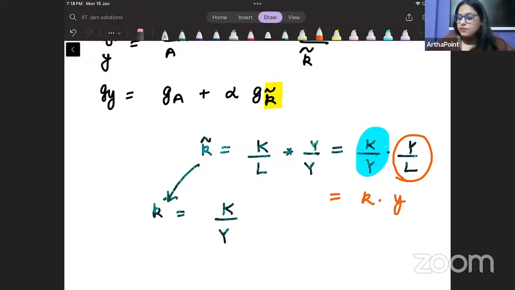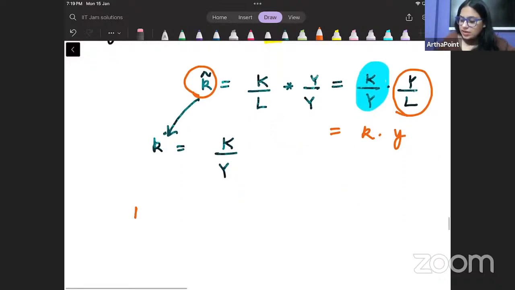So basically what we have gone ahead and done in this case is that we have converted this k curl in a term that is given to me in the question. That's it. Now if I just find the growth rate of this k curl, I am sorted.